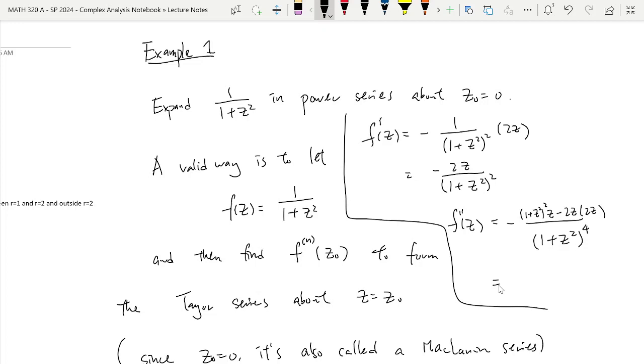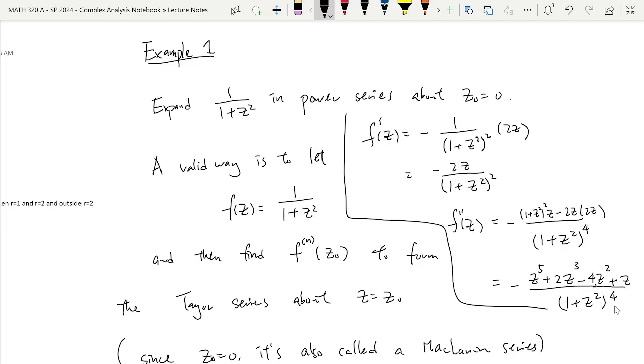So if you expand it all, I think you get z to power 5 plus 2z cubed minus 4z squared plus z, over (1 plus z squared) to power 4. I believe we don't want to do it.